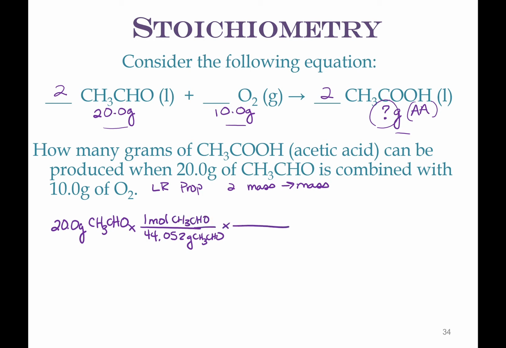Now we need the mole ratio, so this is the molar mass step times the mole ratio. We're going to go from moles of CH3CHO to moles of whatever the question mark is. The question mark here is going to be moles of acetic acid. Now we have a 2 to 2 mole ratio.